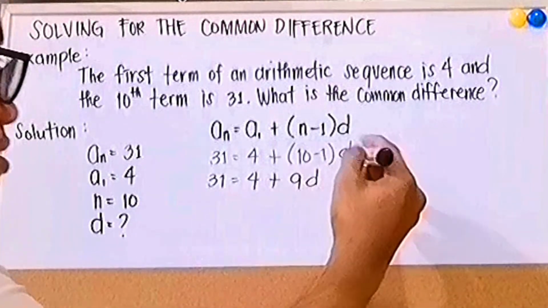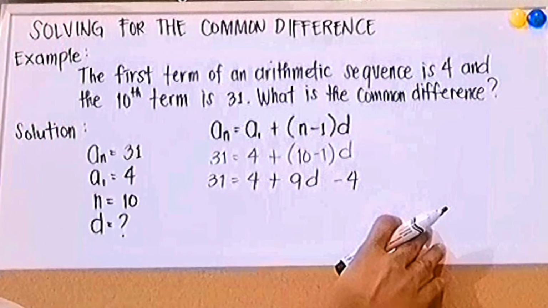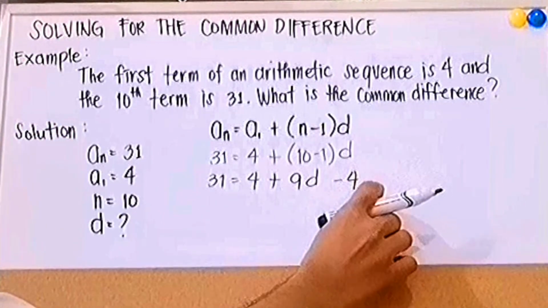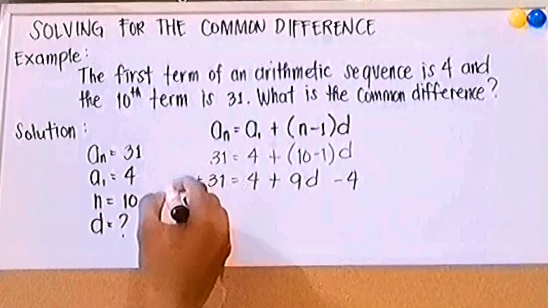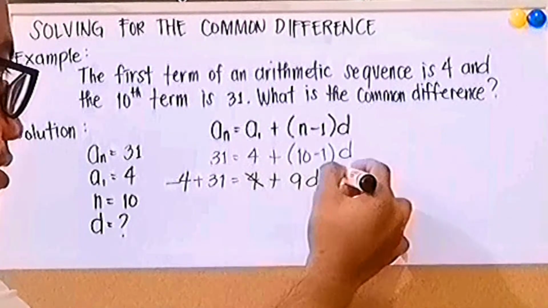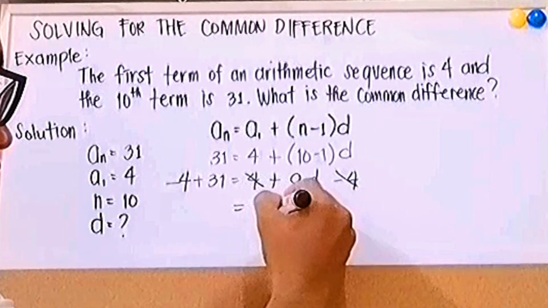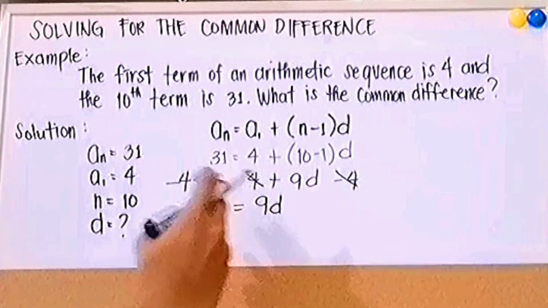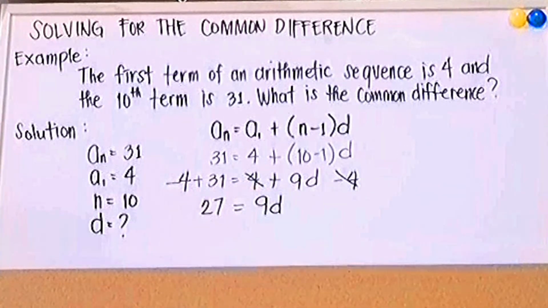So 4, we put negative 4 here on the right side, and what is written on the right side should also be written on the other side. Now we can cancel 4. What is left on the right side is 9d, and while on the left side we have 27.